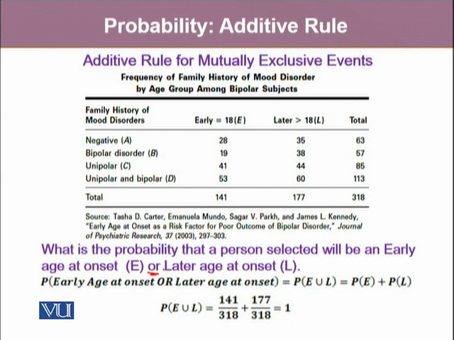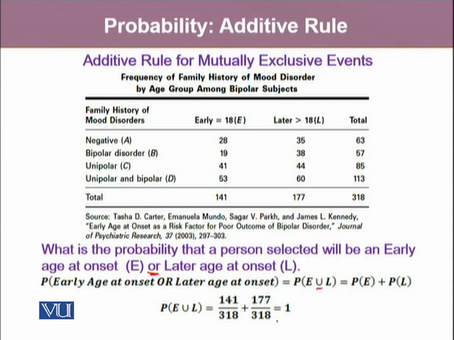This OR operator is represented by the union of two events, the probability of E union L, which is just given by the addition of the two respective probabilities. Since the events are mutually exclusive, we just add the individual probabilities, and the probability of the joint occurrence is 0. Hence, the probability of E union L is the sum of the individual probabilities, and this addition turns out to be 1 in this specific scenario.